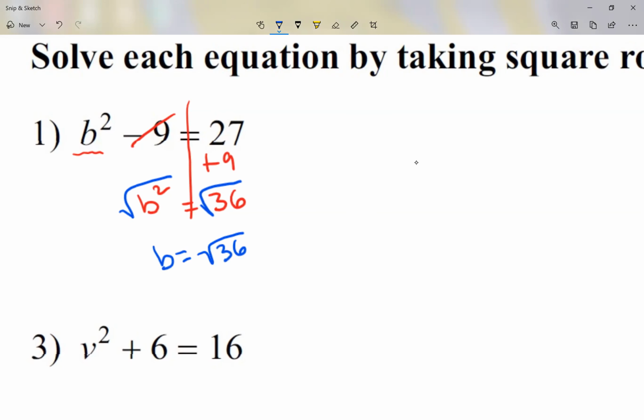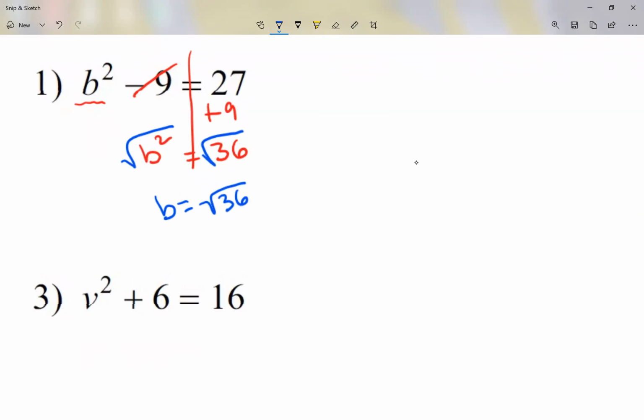Now I'm looking for the number. I'm not quite done yet. I'm looking for the number that multiplied by itself equals 36. There are some perfect squares, so there are cases where I can think of a whole number. In this case, I could think of a negative 6, right? Because negative 6 times negative 6 gives me 36.